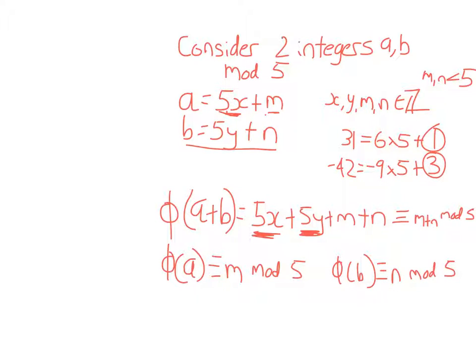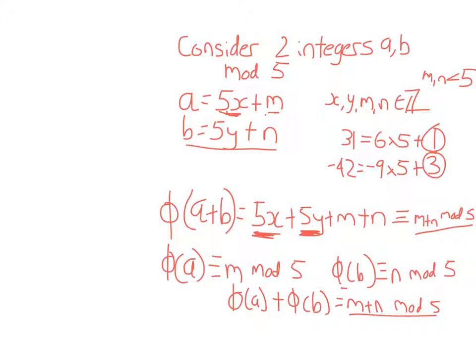If I then combine them, I get phi of a plus phi of b equals m plus n in modulo 5. They are equivalent. So I got the same answer if I added them, then reduced modulo 5, as if I reduced modulo 5, then added them.